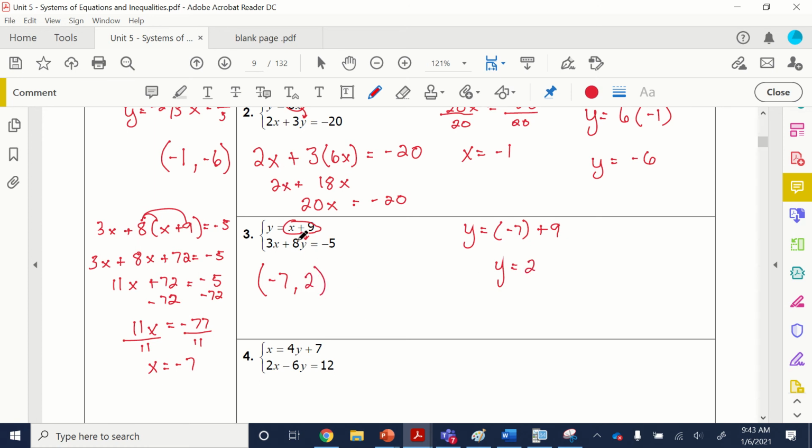Okay? If we converted this to standard form or to y-intercept form, this would read y equals negative 3 over 8x minus 5 over 8. We can plug that in the calculator.